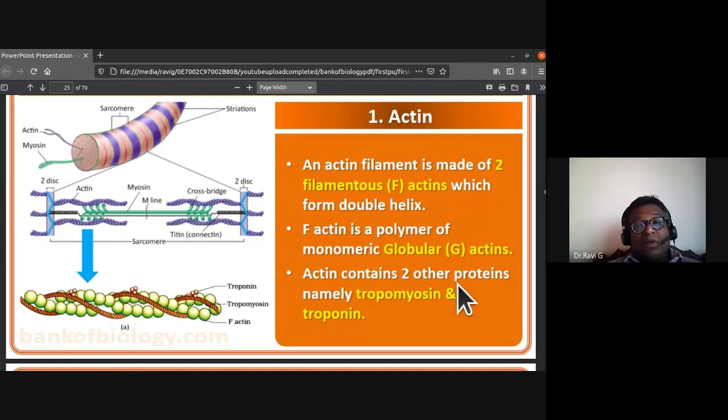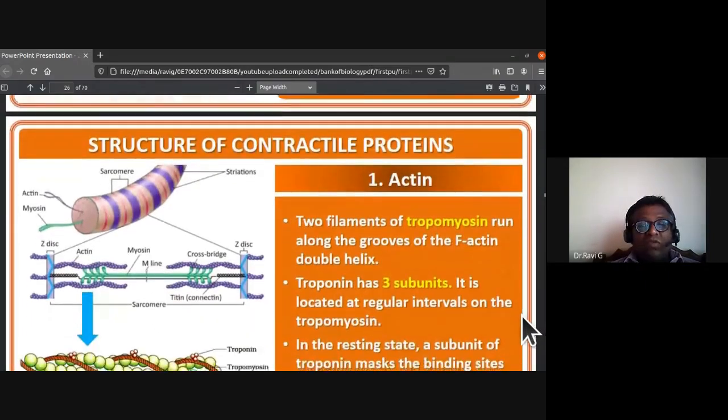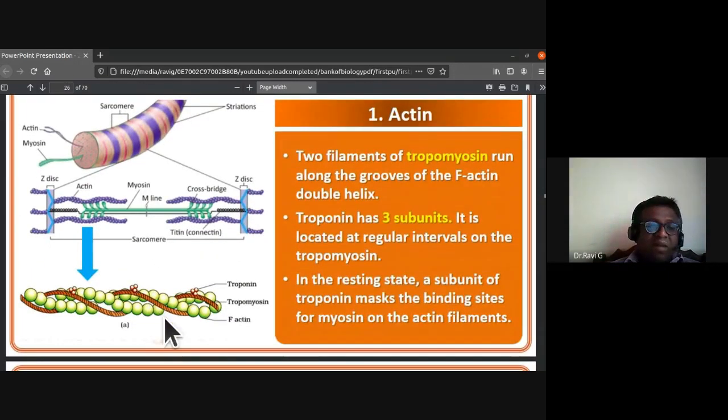Actin contains two other proteins, namely tropomyosin and troponin. You can notice this is like a thread wrapped around. That is tropomyosin. Troponin are the small structures that you can notice. Two filaments of tropomyosin run along the grooves of the F-actin double helix.